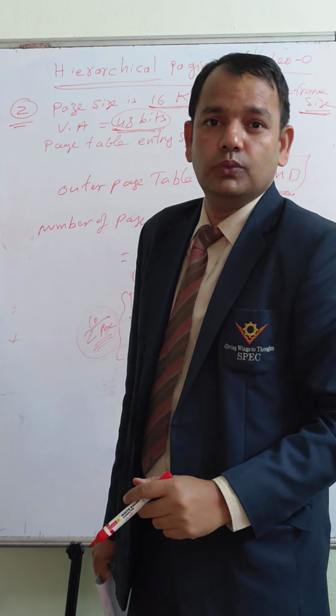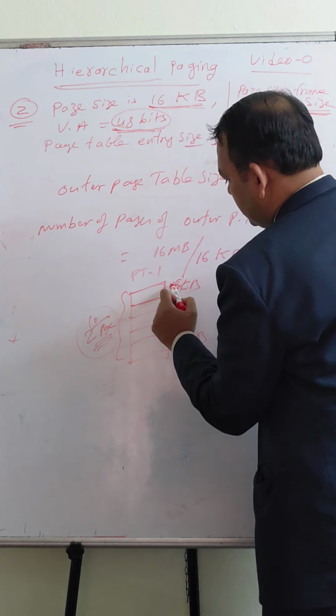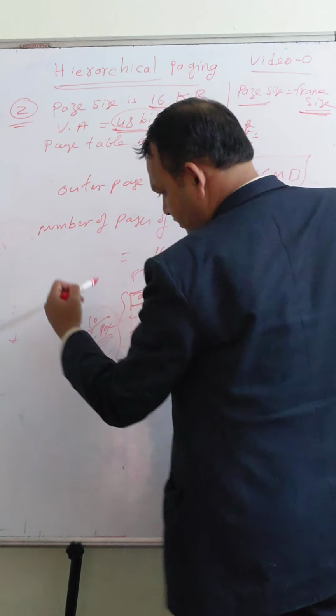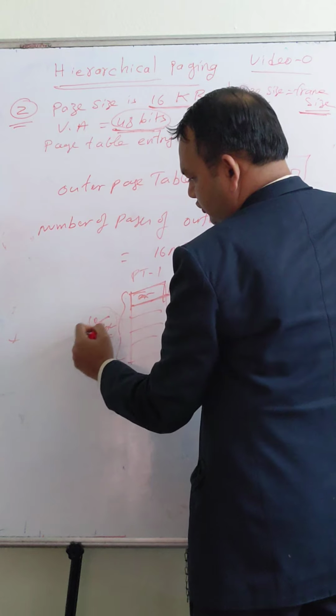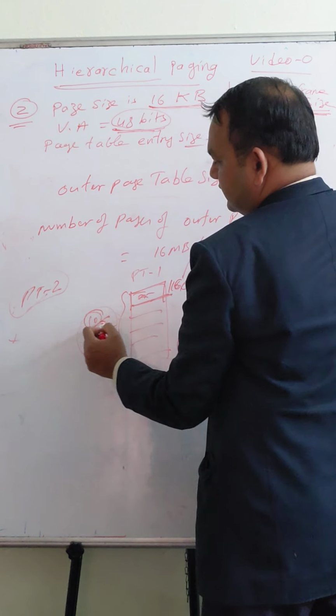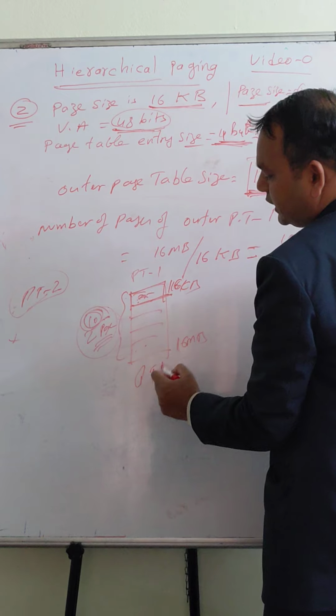Outer page table 2 gives us this 10, which will show us how to reach any one of the pages of PT1.